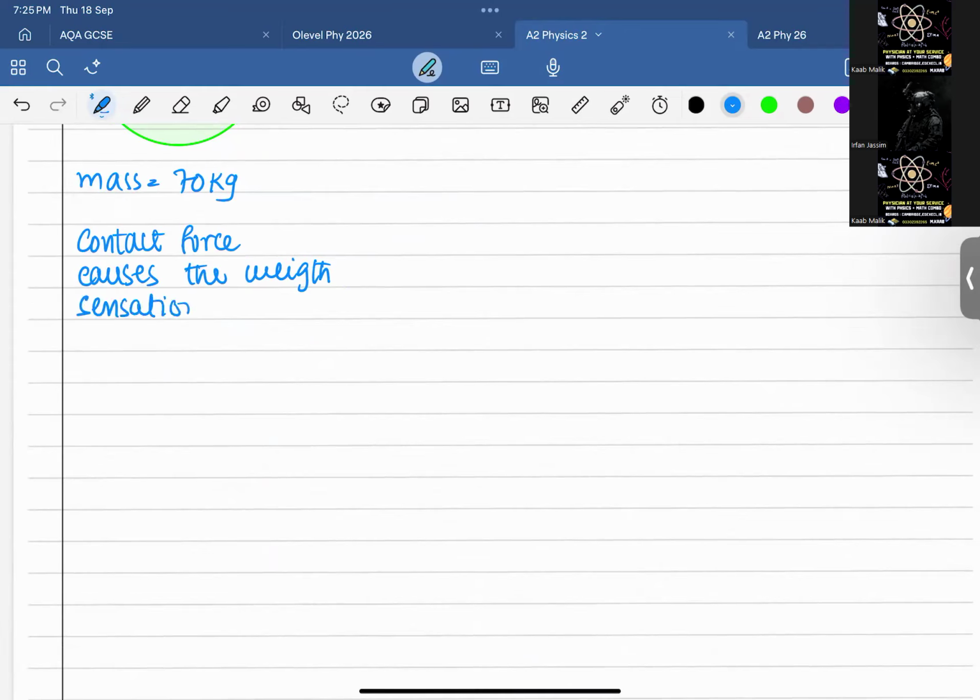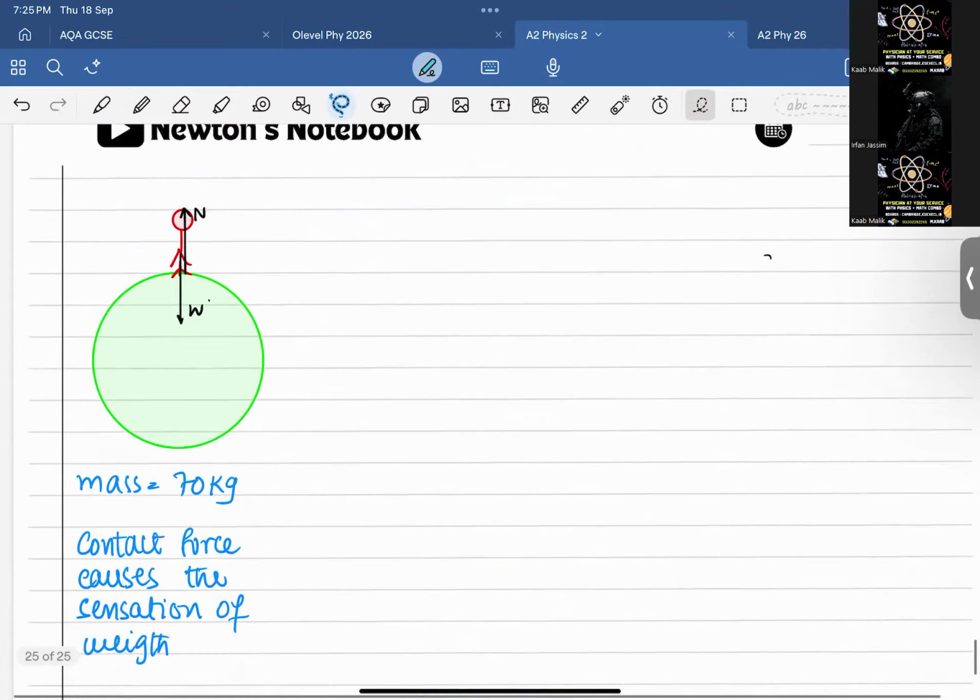If you lose contact with the earth, you won't feel any weight.